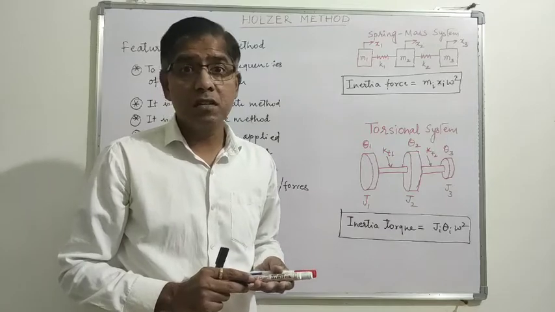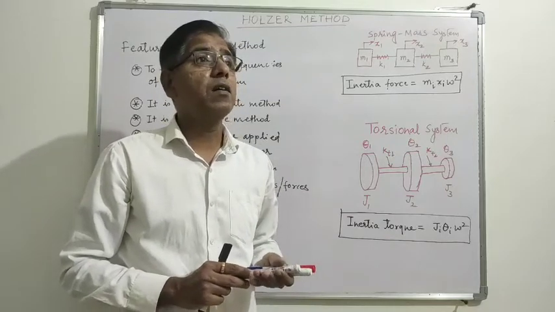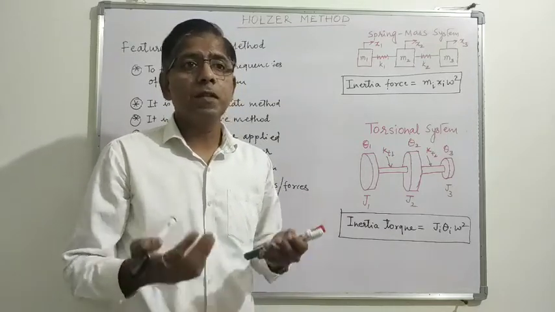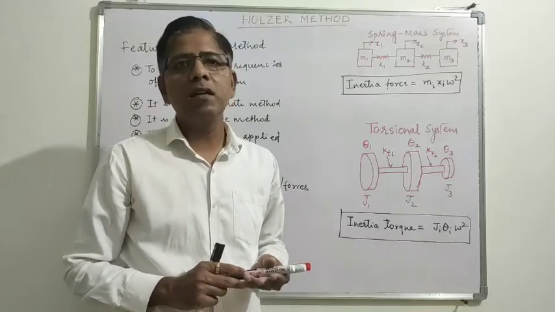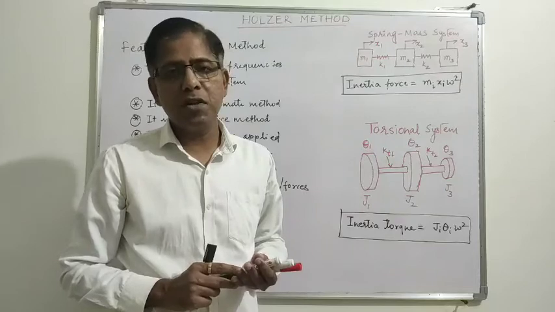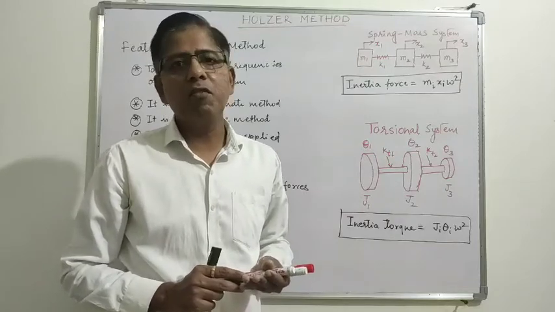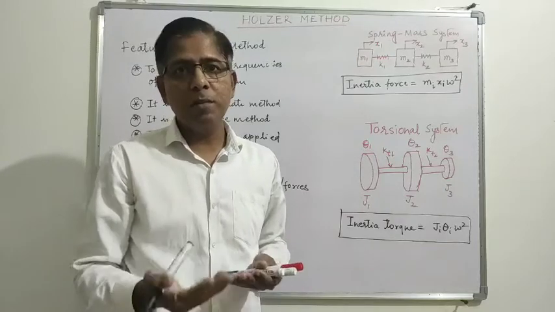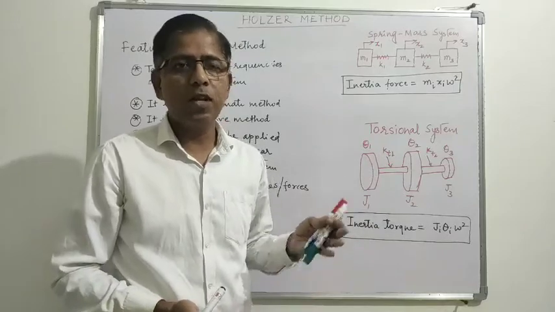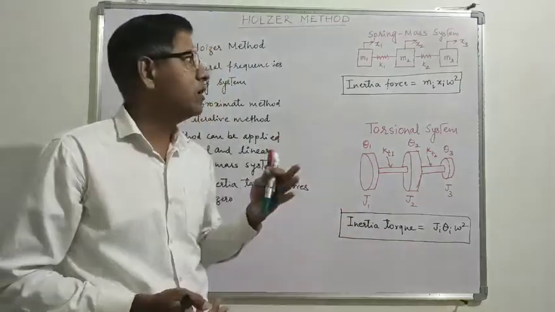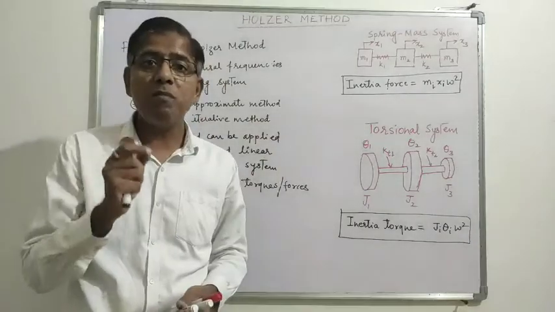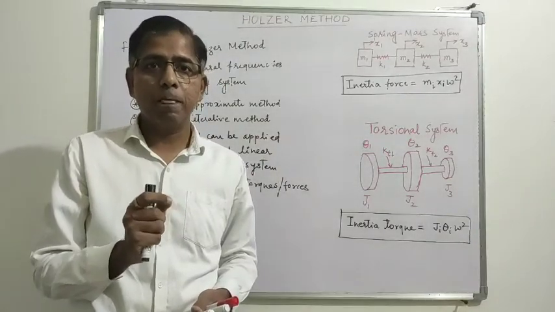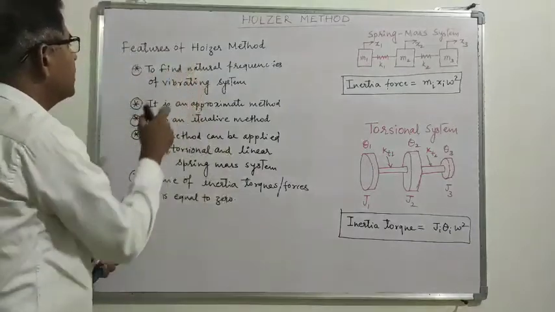It is a bit cumbersome, and various scientists have evolved various mathematical techniques for finding the natural frequencies of a multi-degree of freedom system, and one of the methods is the Holzer method. Okay, so that is the first feature.